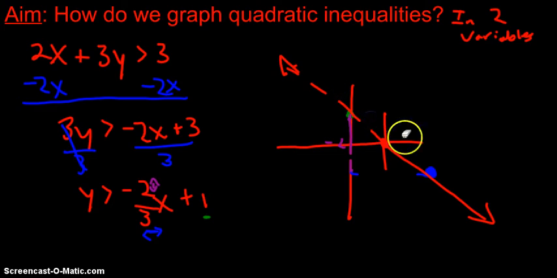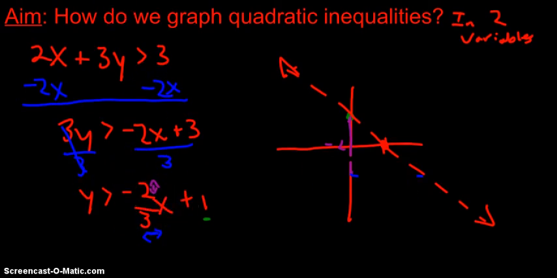The dashed line is like an open circle on the number line. It indicates that points that satisfy the line do not satisfy the inequality, because 3 is not greater than 3. So values that satisfy this equation actually don't satisfy the inequality. So again, this would be shaded above, like so.